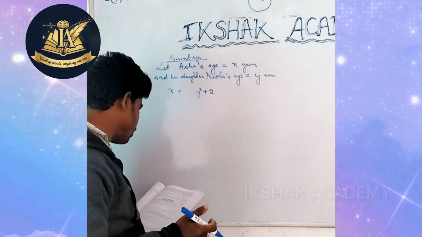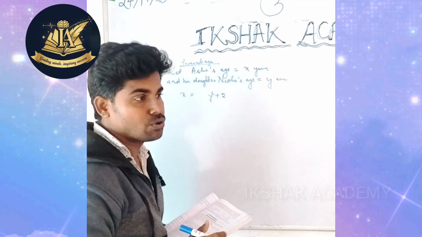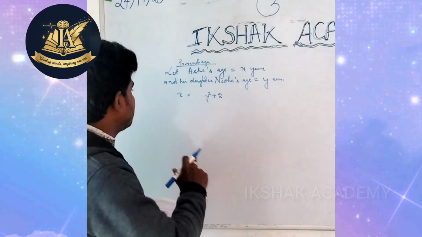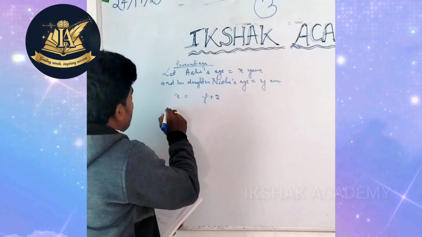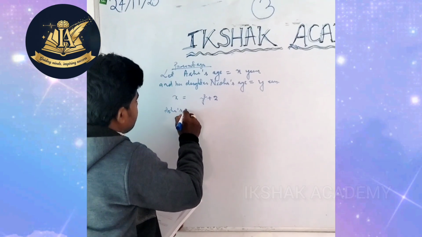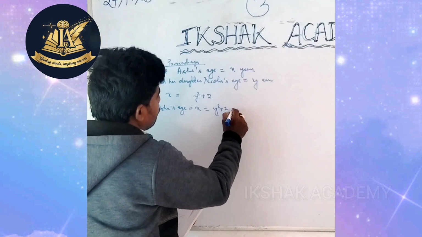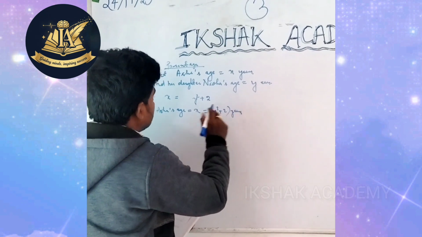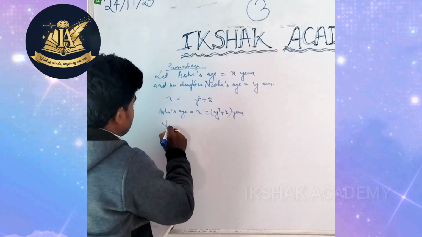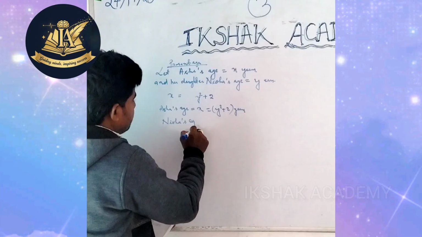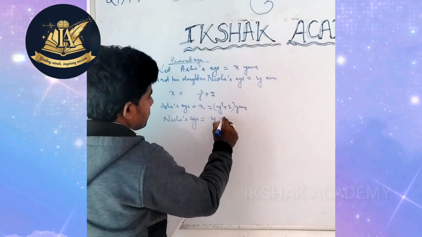Then when Nisha grows to her mother's present age. That means now Asha's age is x, which equals y square plus 2 years. This is Asha's age, and Nisha's age is y years.